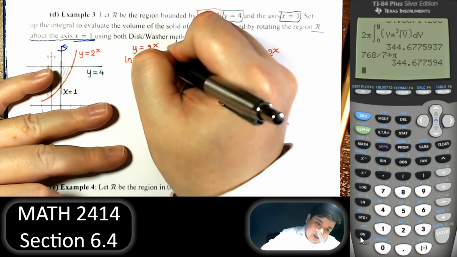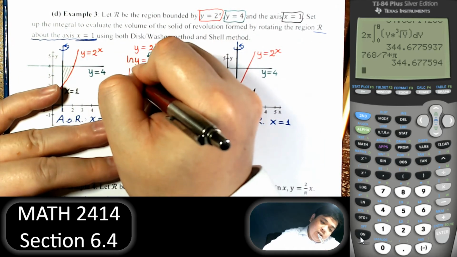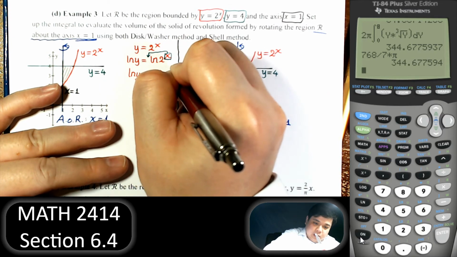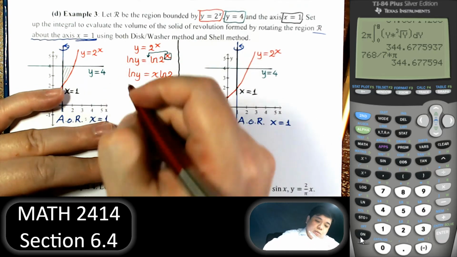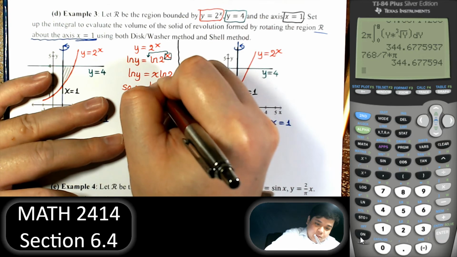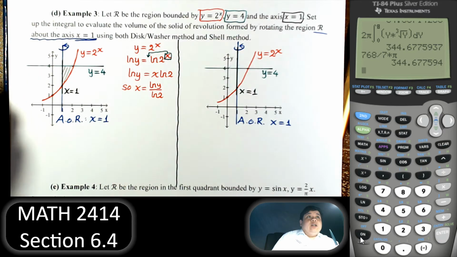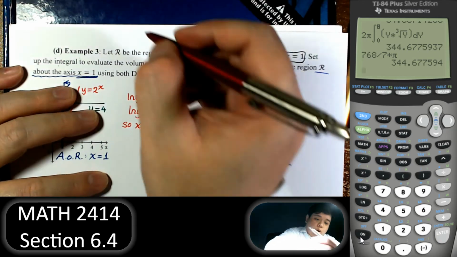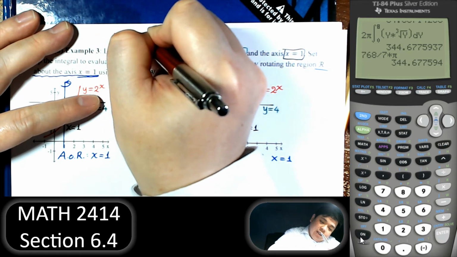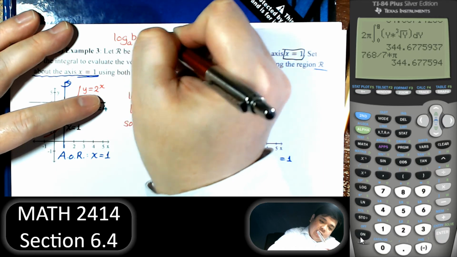The exponent will come outside. And then we divide by ln of 2. So it's just that. Now we have the change of base formula: log base b of a is equal to ln of a over ln of b.